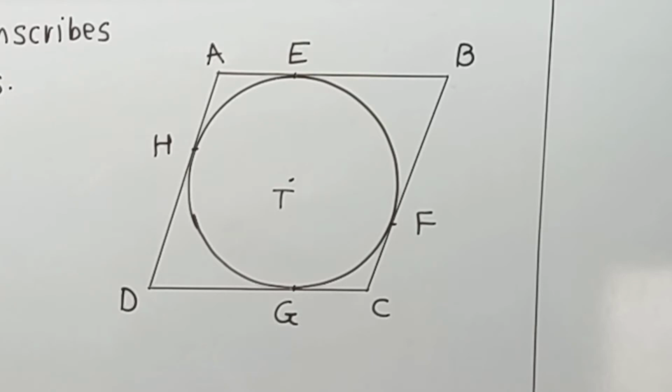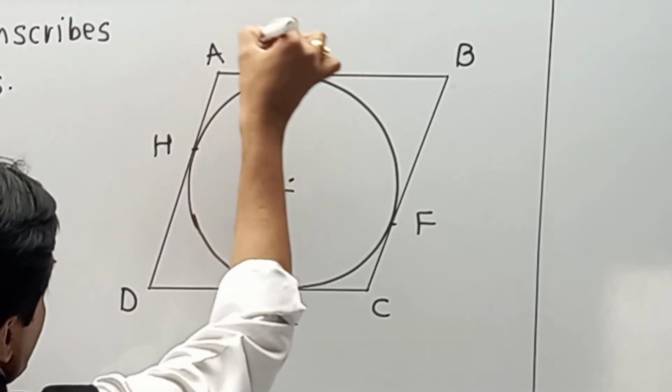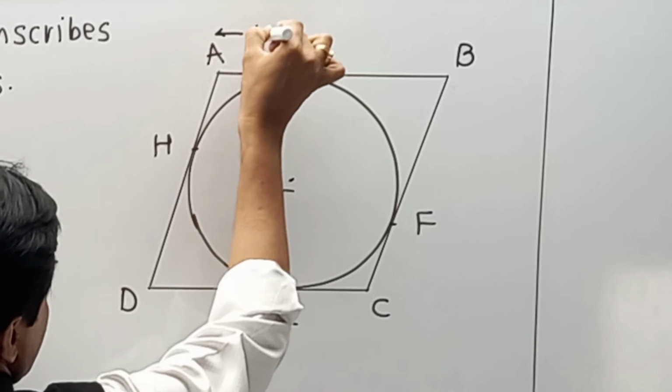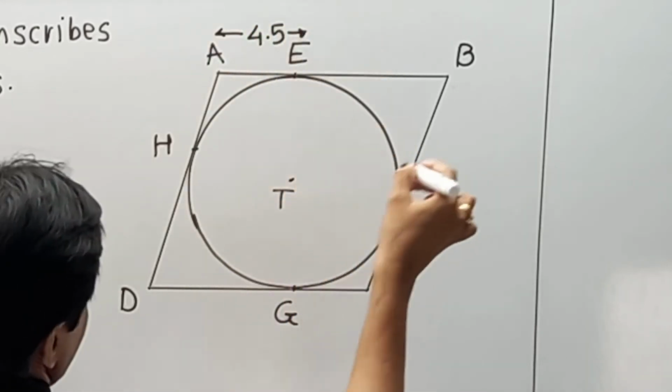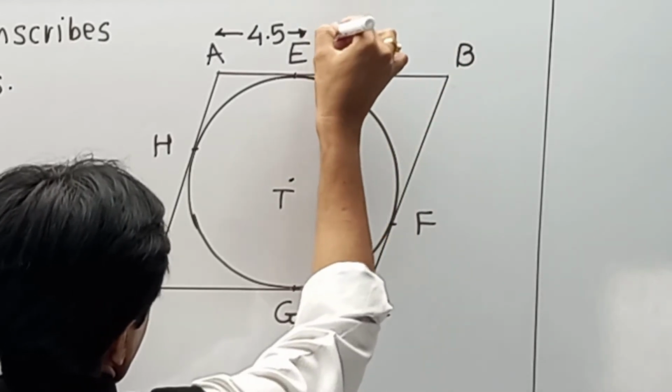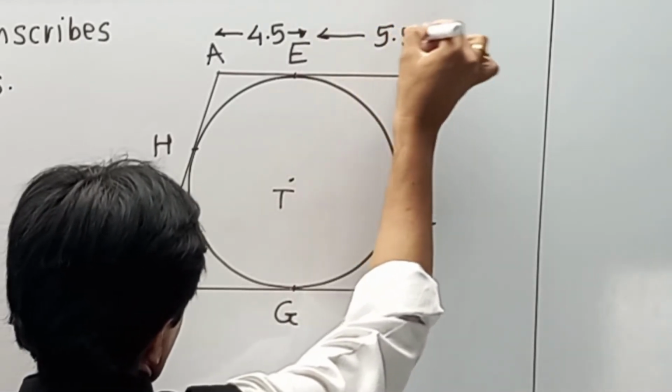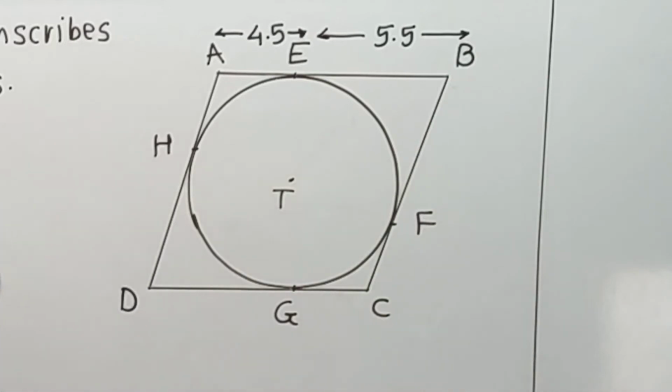As per their data, AE is 4.5, this distance from A to E is 4.5, and EB is 5.5. Then find the length of AD.